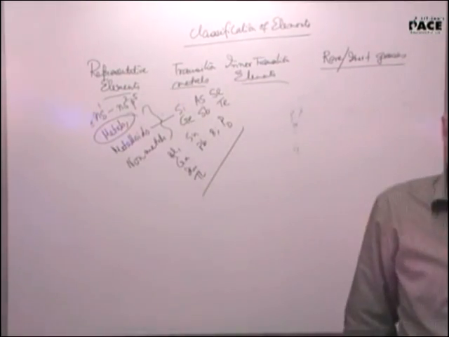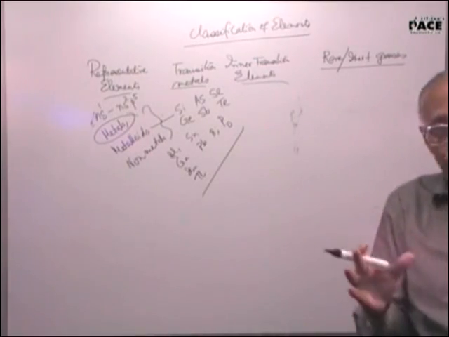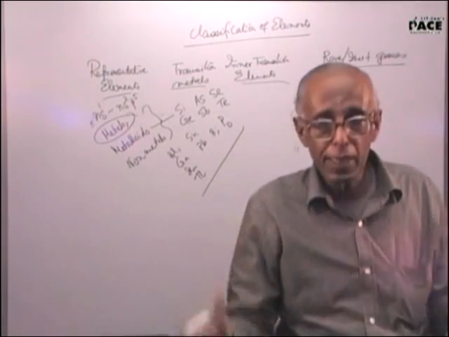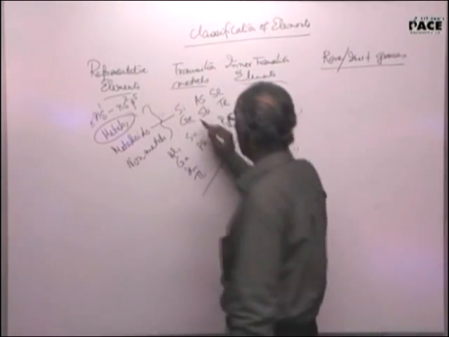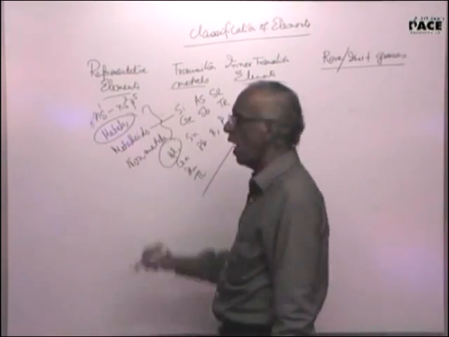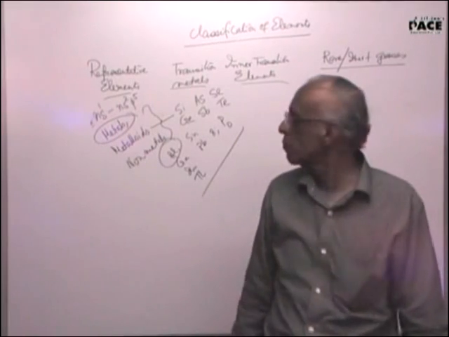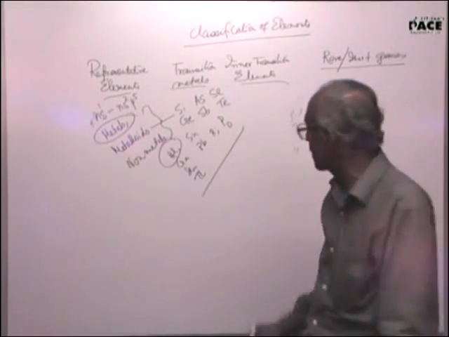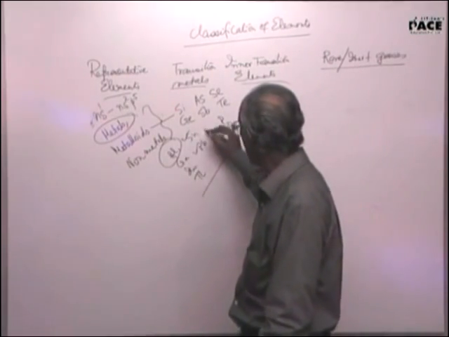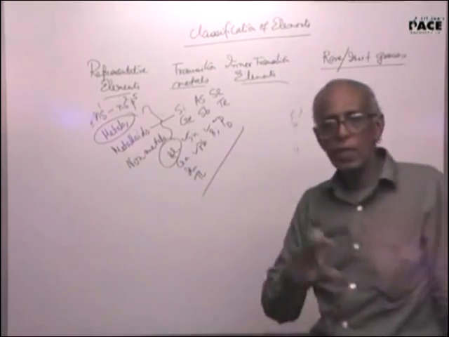Representative metals have 2 types. One, highly electropositive metals like group 1, group 2, aluminium. And some are not so highly electropositive, like tin, lead, bismuth, polonium.